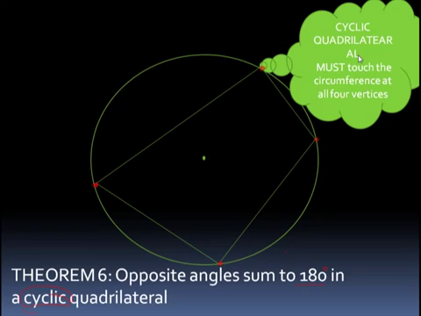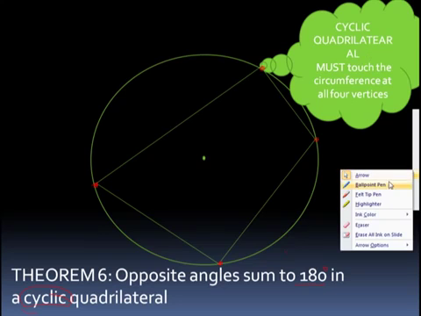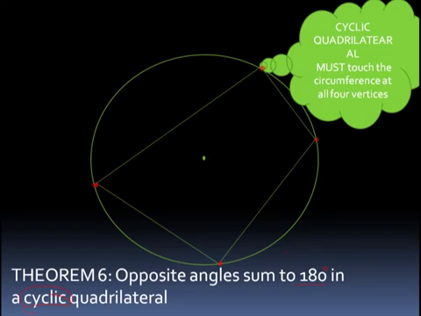Okay, so this is a little spelling error, so we're going to correct that a little bit. So what we have here is that in a cyclic quadrilateral, we can say all four vertices.